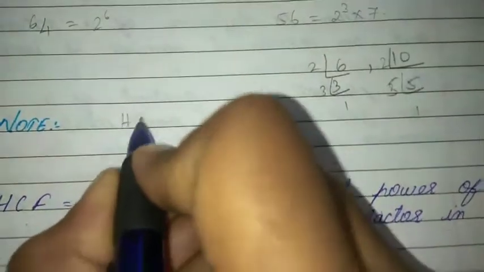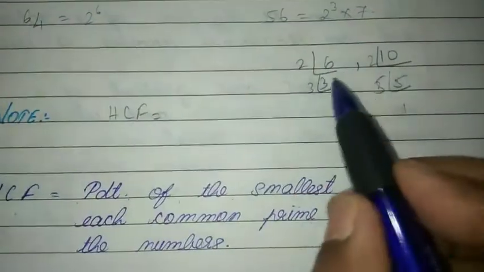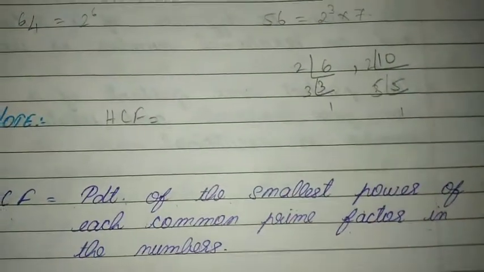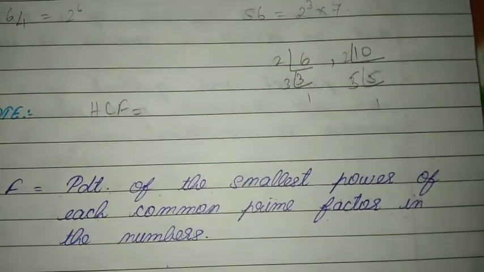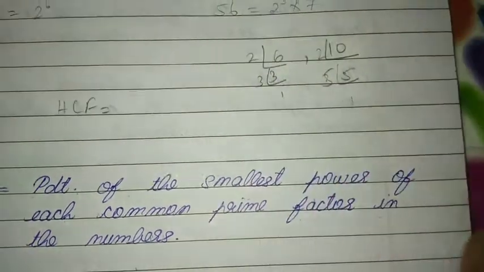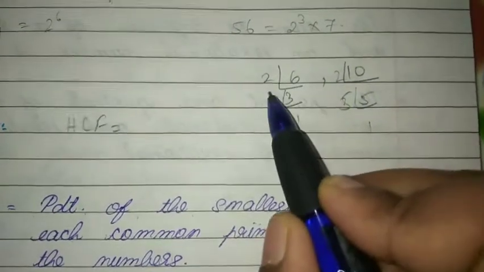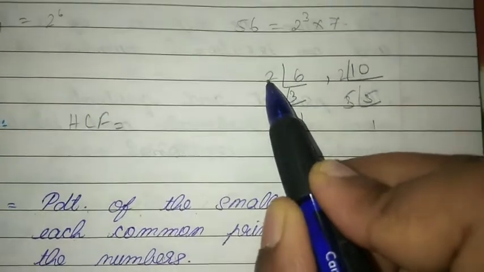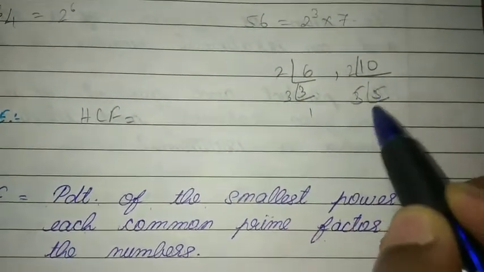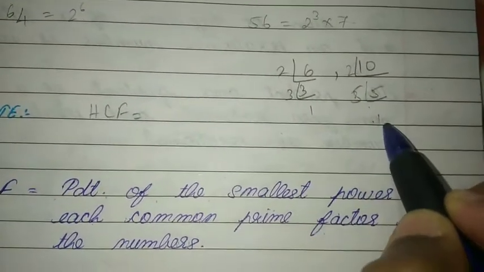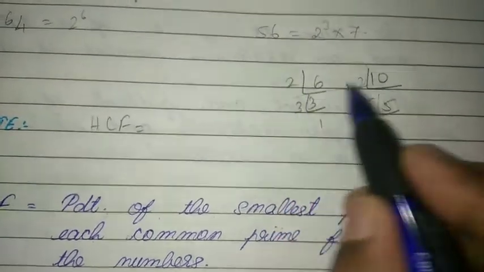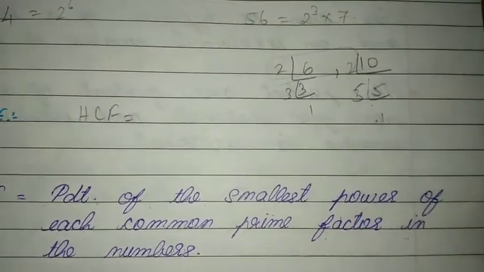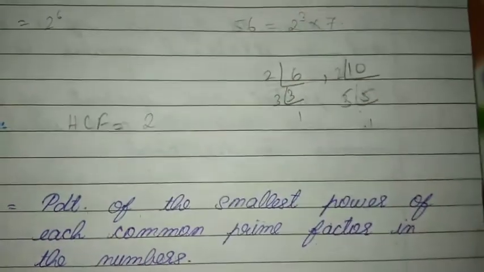For HCF, we have to take the lowest power of each common prime factor. It means I should have the factor in both numbers. I have only 2 which is common to both, with the lowest power, so I will have 2.